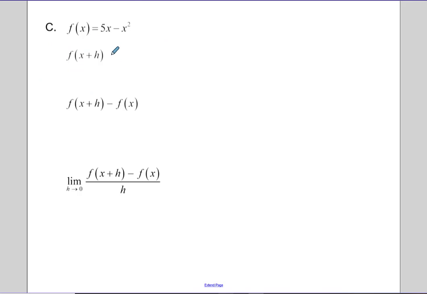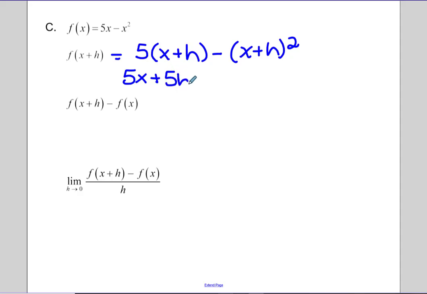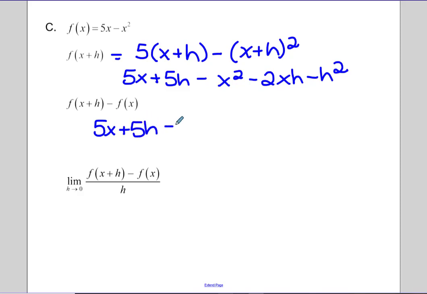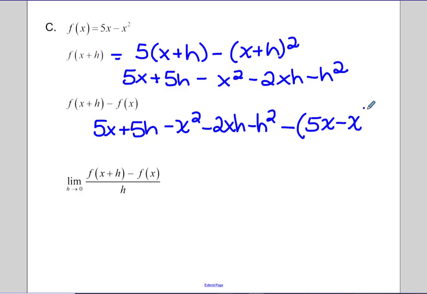Then part C, it's just more of the same thing. So we're going to have 5 times x plus h minus x plus h squared, which gives us 5x plus 5h minus x squared minus 2xh minus h squared. And when we subtract the function, we're going to subtract 5x minus x squared.